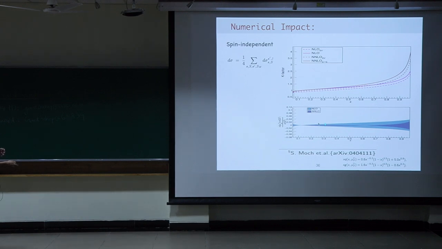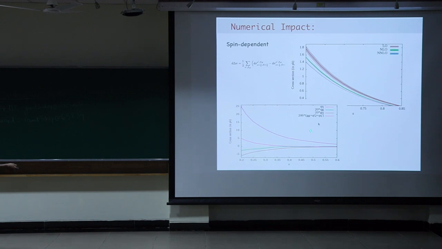Okay, and you can see this uncertainty coming from various scales, which looks like a big band, gets reduced. Similarly, these are the results for another similar process, semi-inclusive DIS, where you can improve your results by adding more and more terms in the perturbation theory.